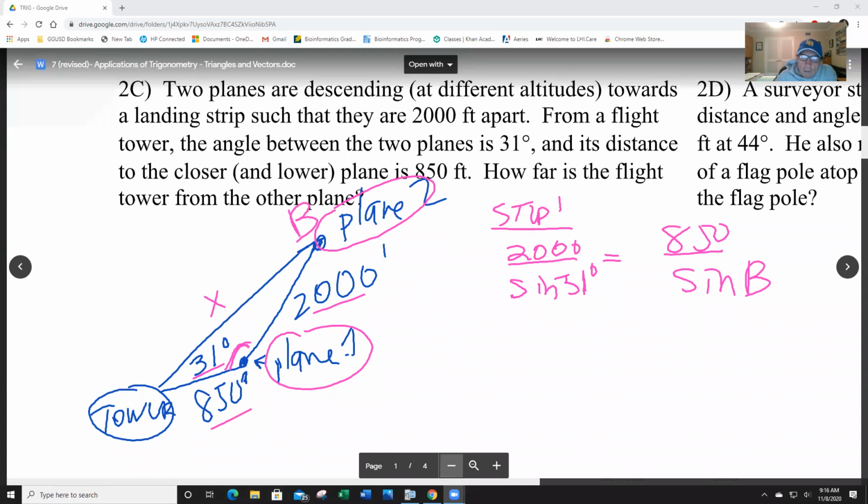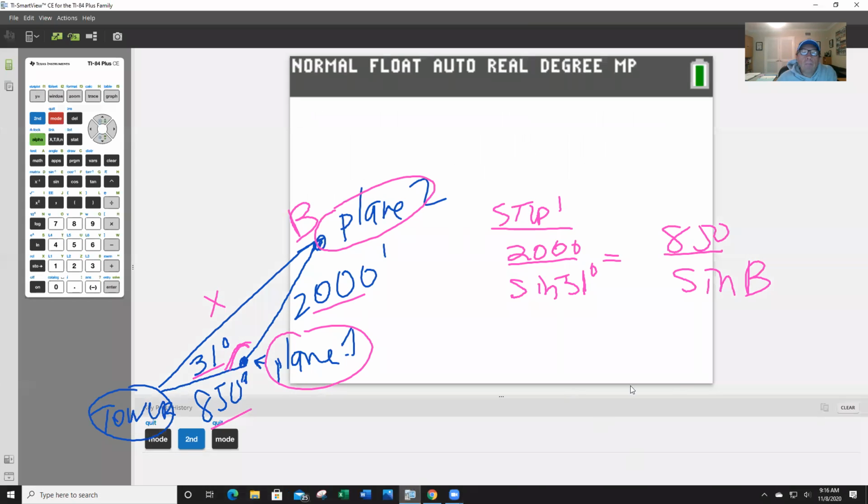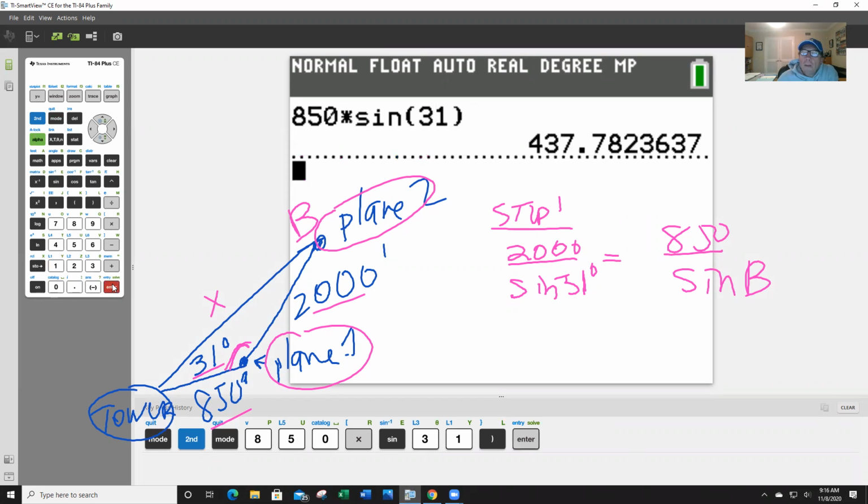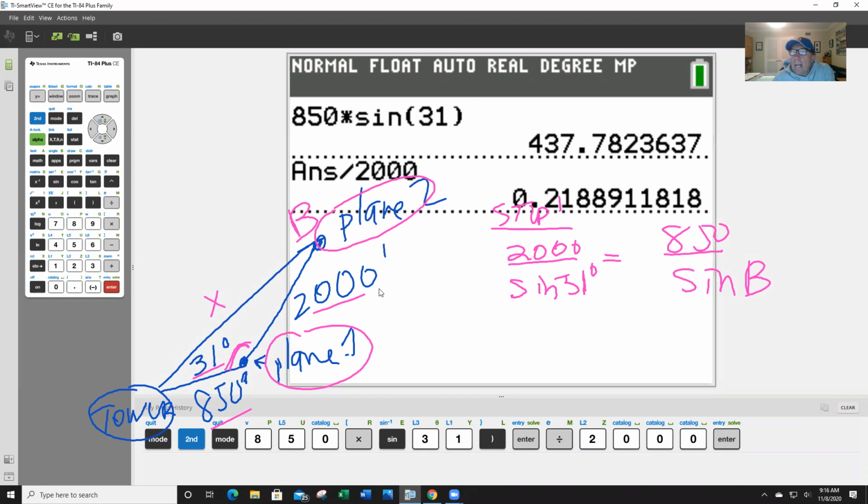All right. So here's the calculator, and it works out perfect. You can see it there. So I'm going to go 850, make sure you're in degree mode, times the sine of 31 degrees. Hit enter. I'm going to divide that by 2,000. Now you get a decimal.